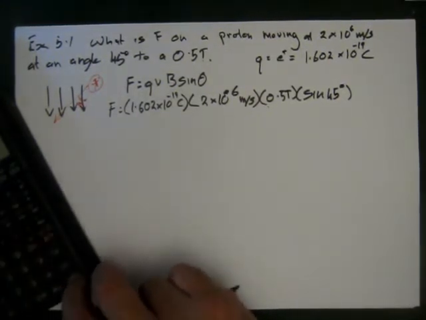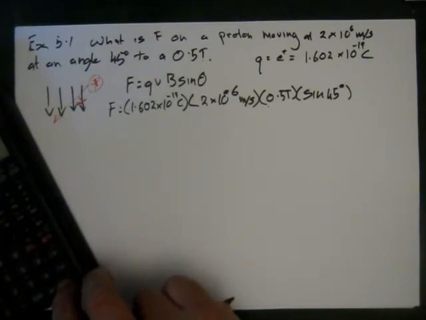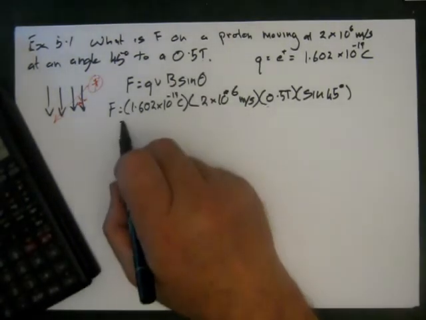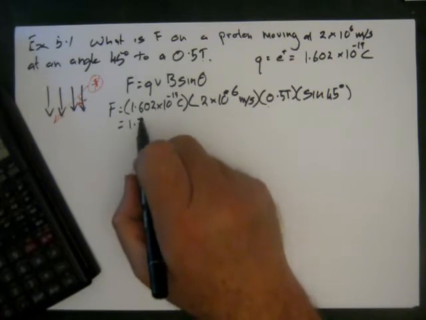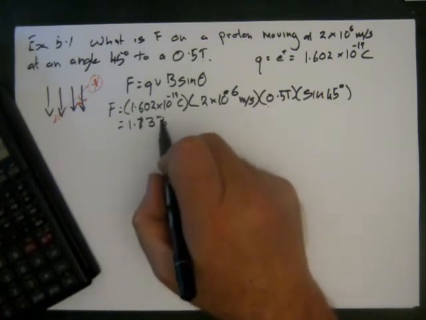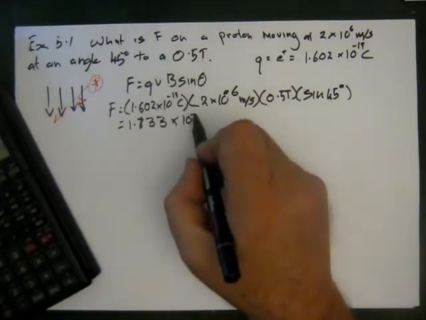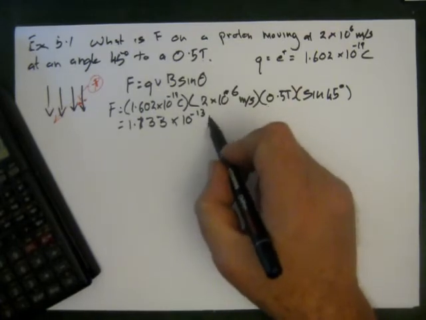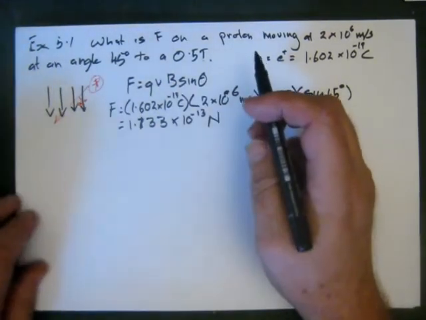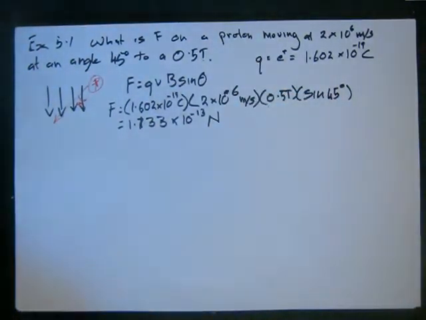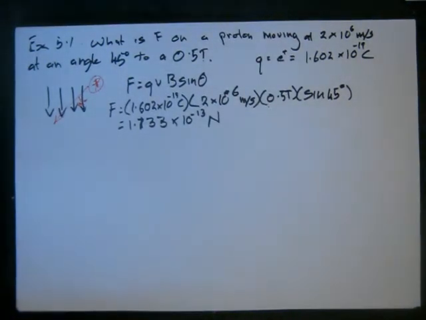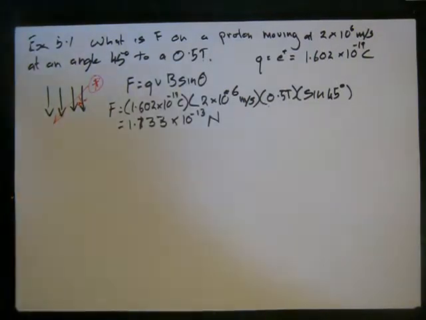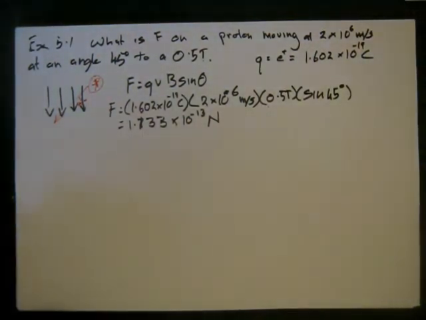Make sure your calculator is in degrees mode, equals 1.133 times 10 to the negative 13 newtons. And we have to ask ourselves, does this seem like a reasonable force? The answer is yes, mainly because a proton is a very, very small object.